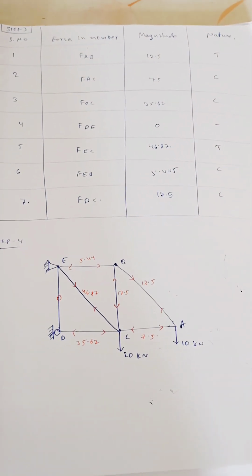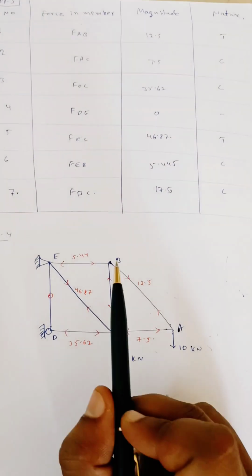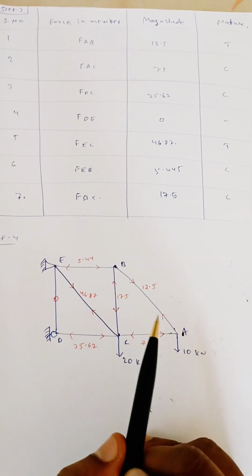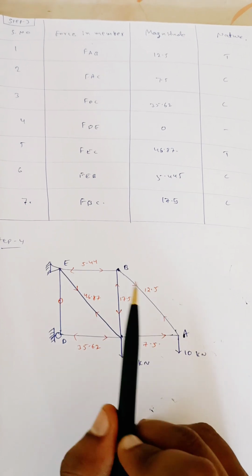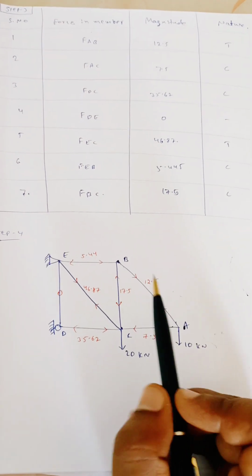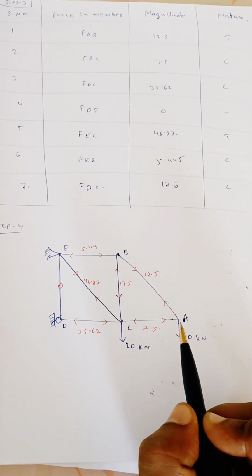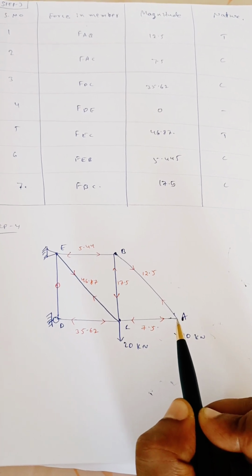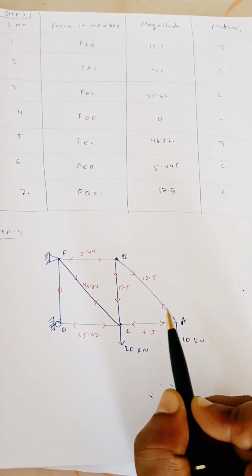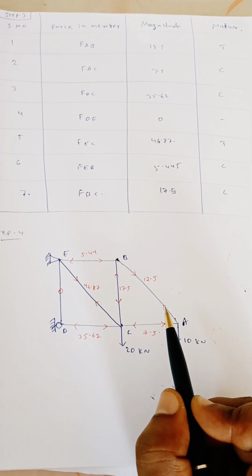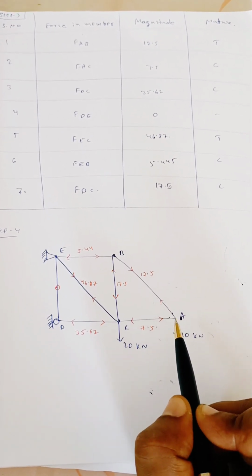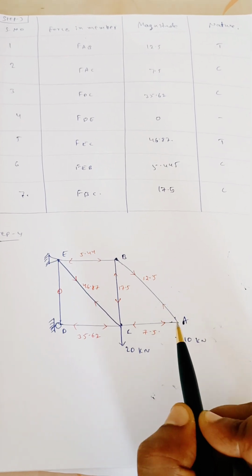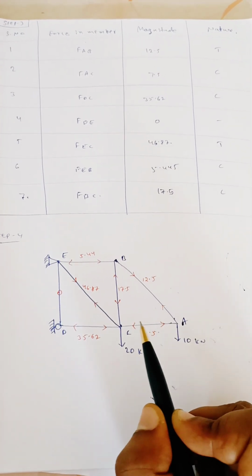Don't get confused, because if you see here, for member AB it looks like compression. So we have not to see from the member point of view, but from the joint point of view. From the joint, as the FAB value is 12.5, it is tension. So tension means away from the joint. Compression means towards the joint.